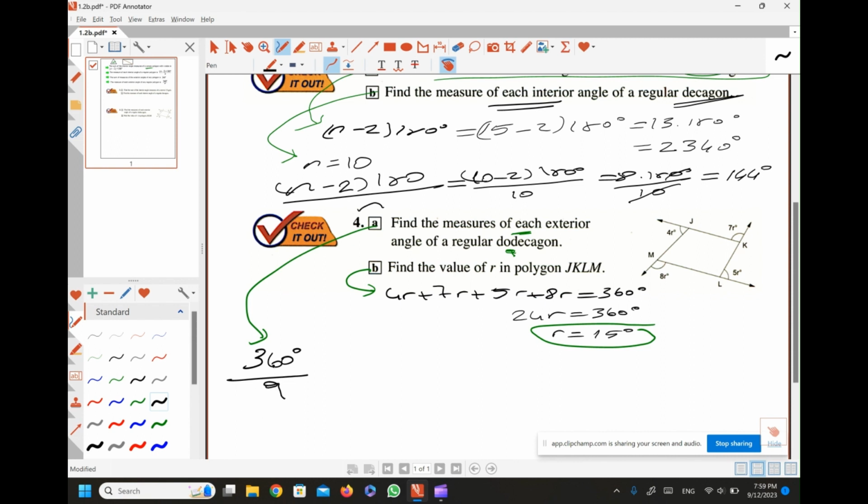So simplify it. 360 divided by 9 is 40 degrees. So each exterior angle of a regular dodecagon is 40 degrees. So those were the formulas, the theorems about angles of polygons we need to know.